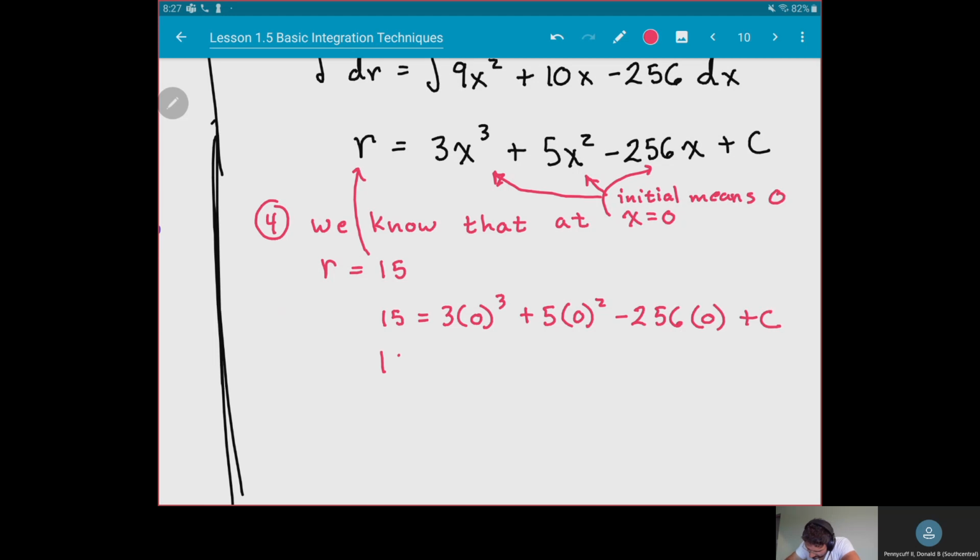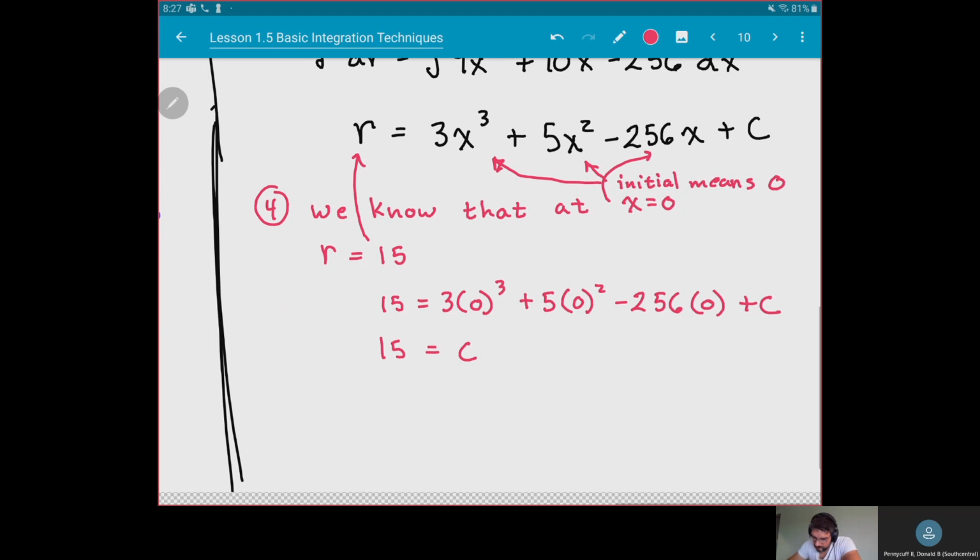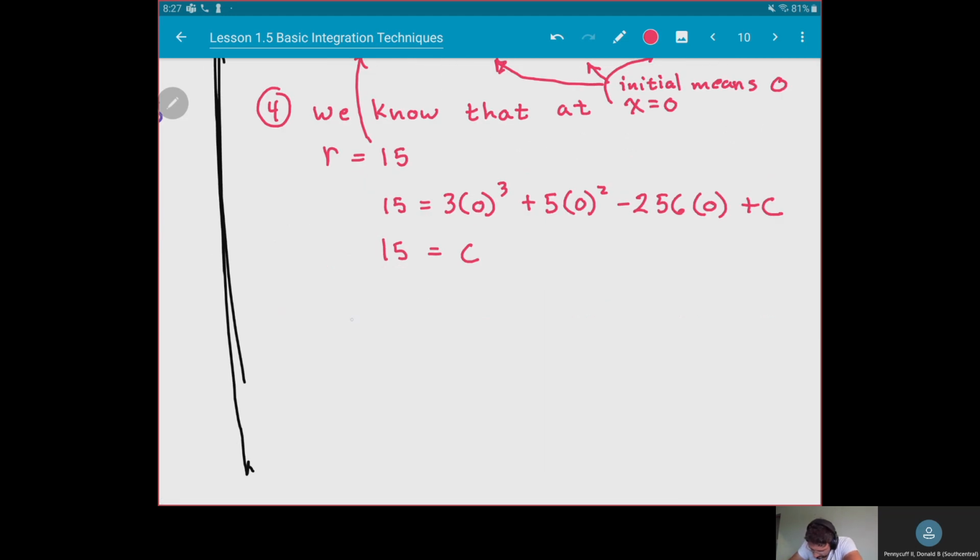So 15 is equal to a bunch of zeros, which is equal to c. So our final equation for position, r, is equal to 3x cubed plus 5x squared minus 256x plus 15. There we go.